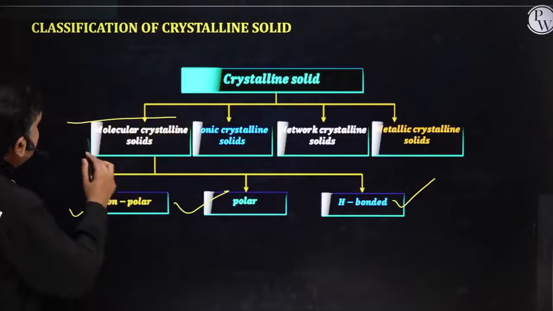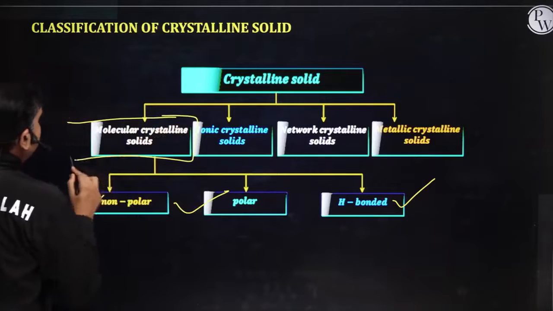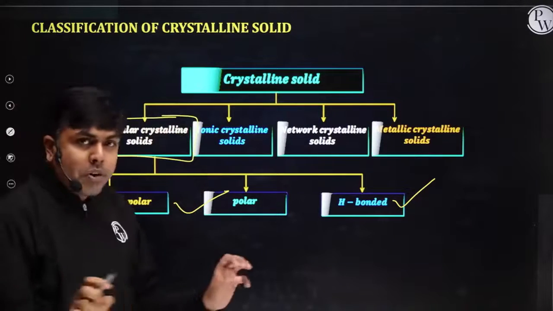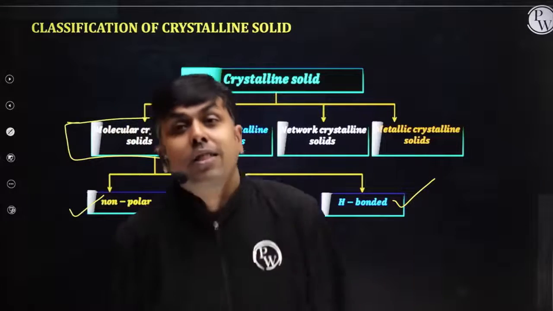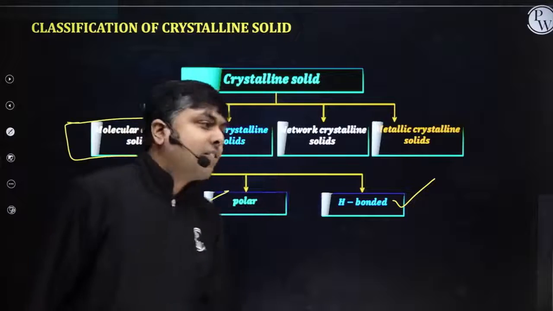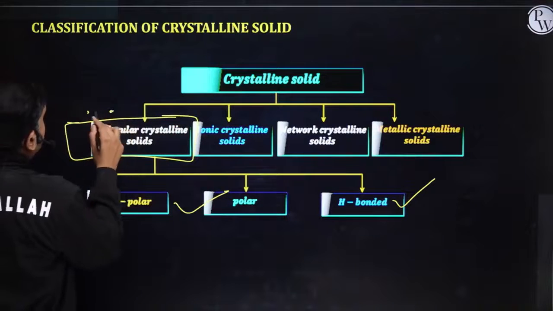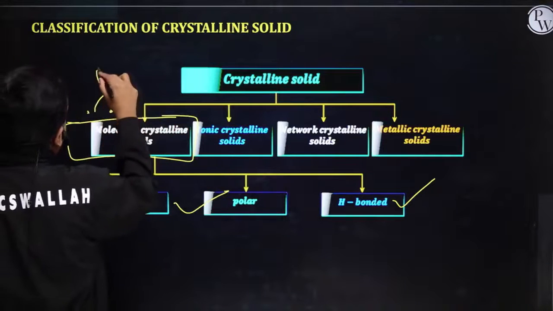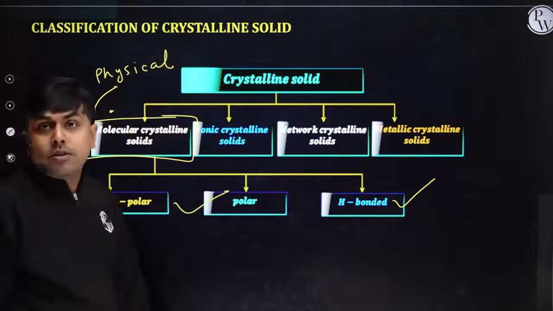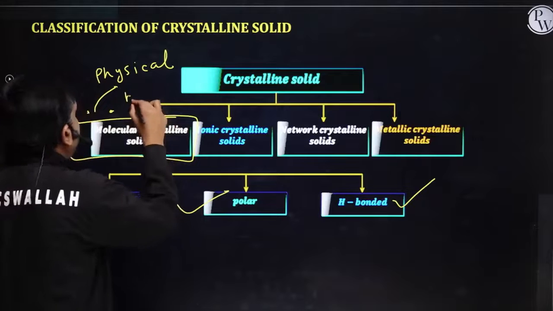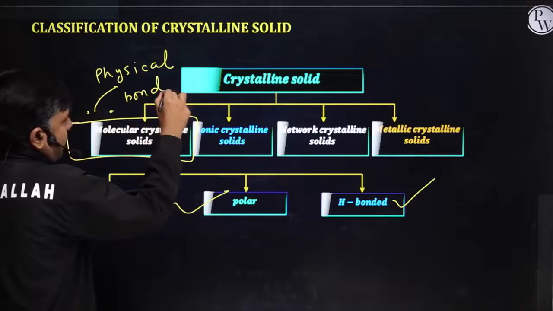If I talk about this molecular crystalline solid, students, here the constituent particles are held together by physical force of attraction or van der Waals force of attraction. So here constituent particles are physically bonded, and the force of attraction which is responsible for this physical bond is van der Waals force of attraction.